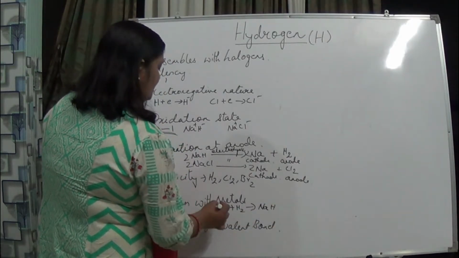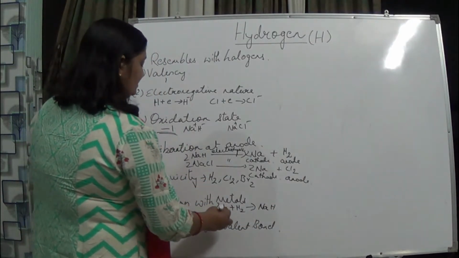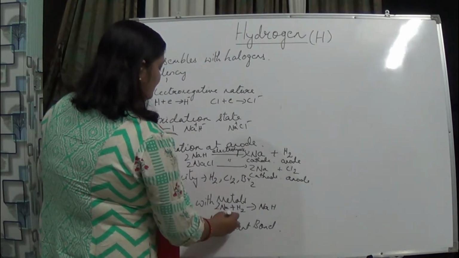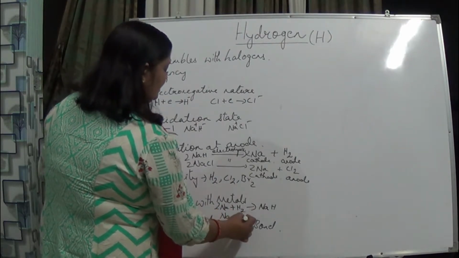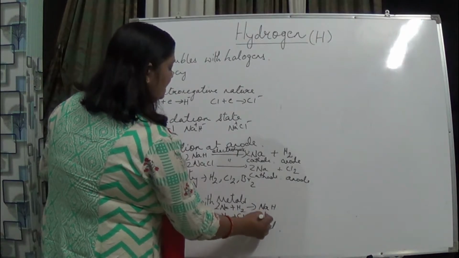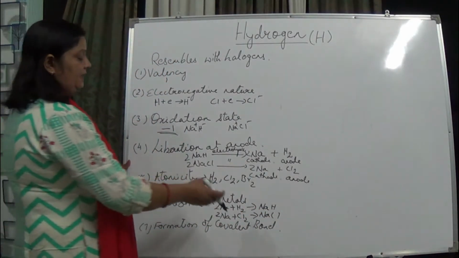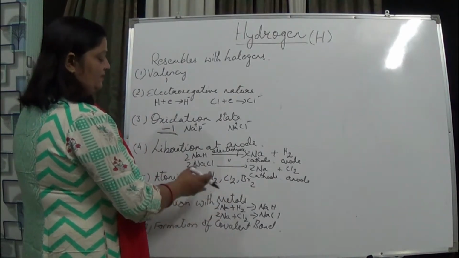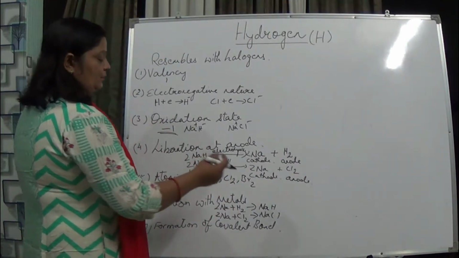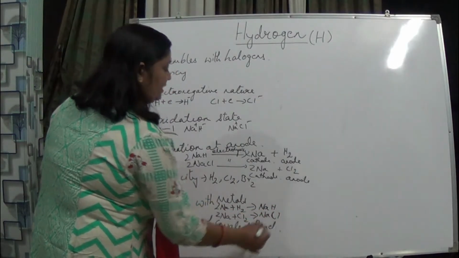And Na plus Cl2 gives NaCl. So you can see that it combines with the metals to give the corresponding product.